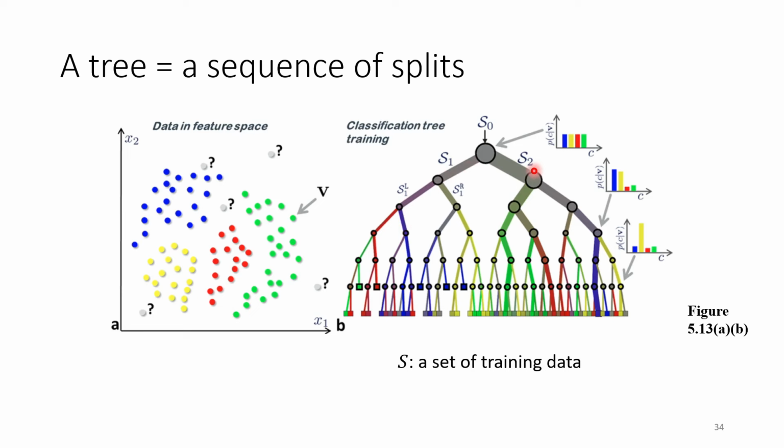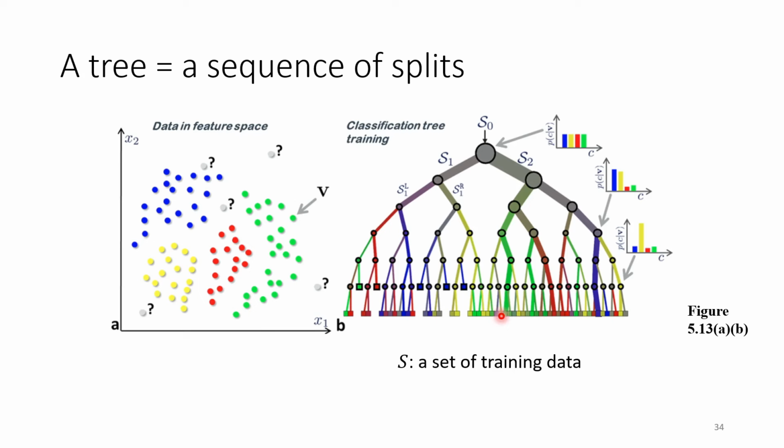I should say here the tree may not be optimized. It can be created by any rule or any policy. However, it is a sequence of splits. From the beginning, we have a set of training data. Then for the first layer of split, we will have 2 branches, and then 4 branches, and more and more, and finally we reach a leaf.